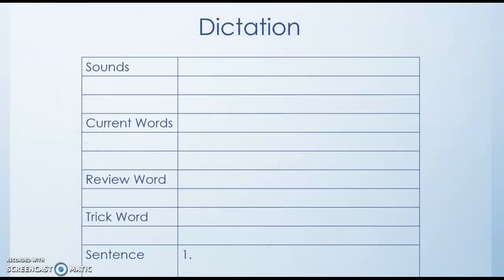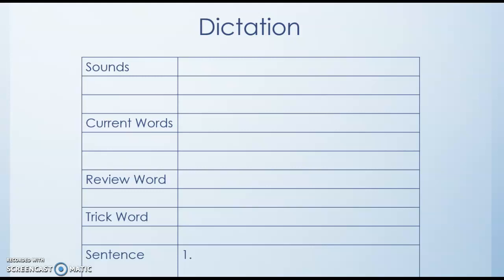Pause it if you need to. I'm going to jump right into it. All right. So our first sound is going to be sh. Remember our flashcards that we've been going over at the beginning? Well, I guess they're not flashcards anymore right now. They're just pictures.